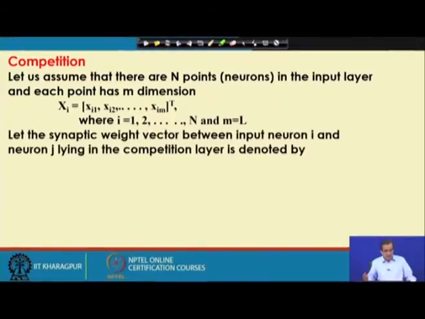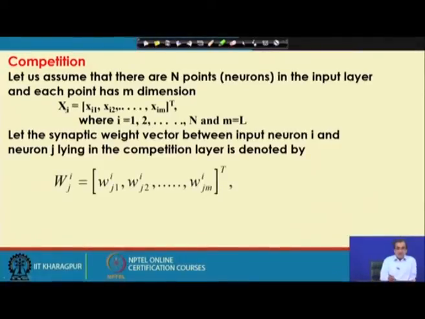Now, what we do is, I am just going to find out what should be the corresponding data point in the lower dimension, that is on the competition layer. To do this, corresponding to this particular data point, we generate some synaptic weights denoted by Wji.